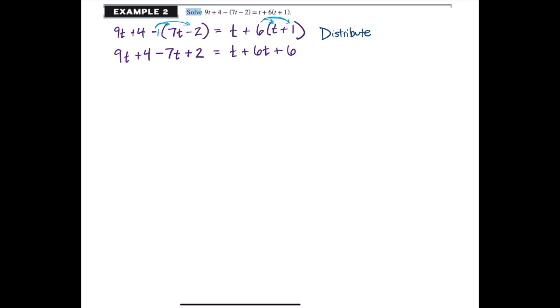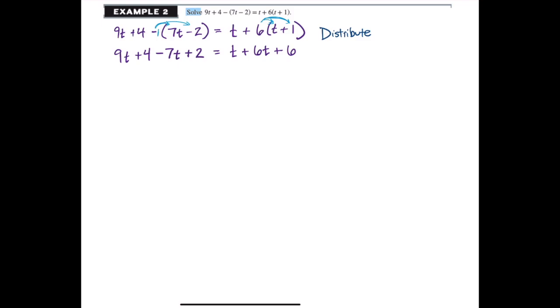All right, so we got rid of the parentheses. Now we're kind of like where we were in the previous problem. We have, in this case, t is our variable. We have that one, and then there's 2 on the right side. So those are all going to be like terms. We're going to want to collect all of those together and get it on one side of the equation.